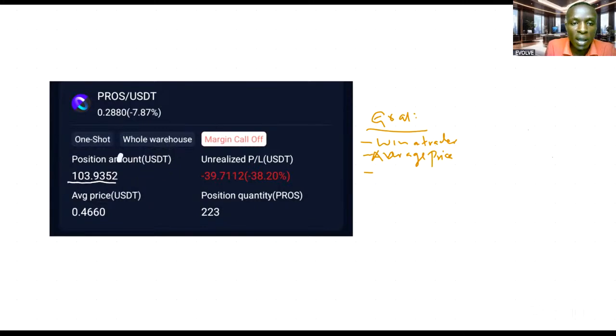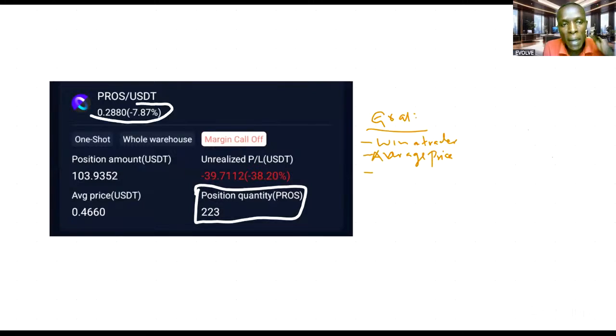What you see down here is how many coins you received in the money that has so far entered the market. What you see on top here is how much the buyers in the market are giving for each of this coin called PROS. So this is the name of the coin or the asset that you've invested money in, that you are trading, that you are selling.